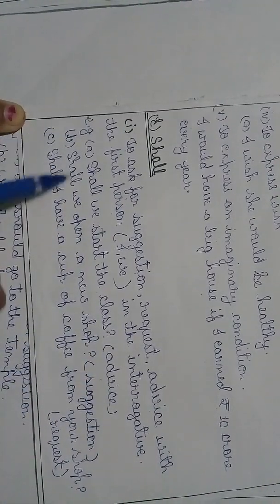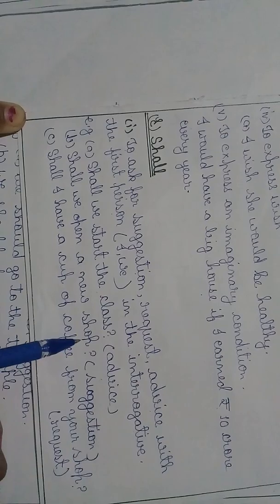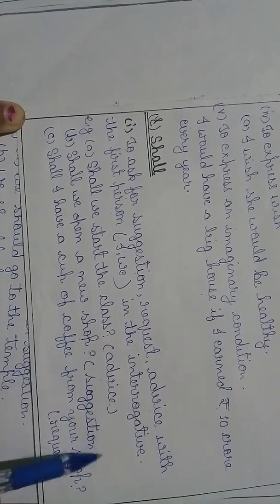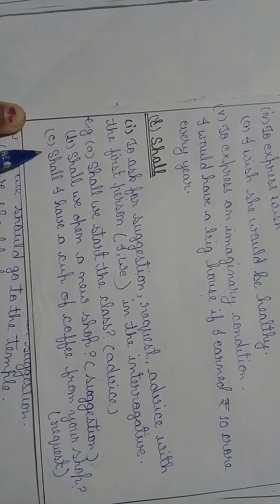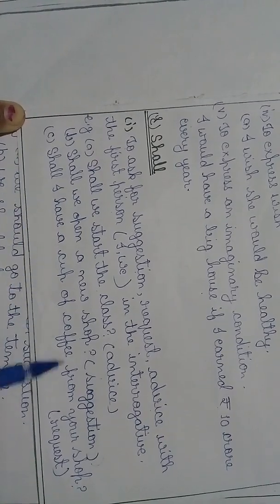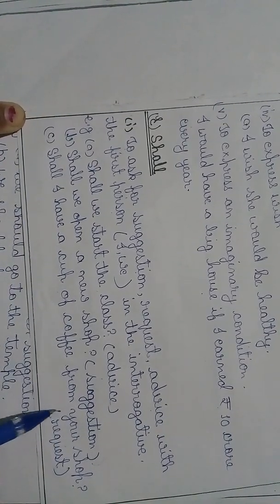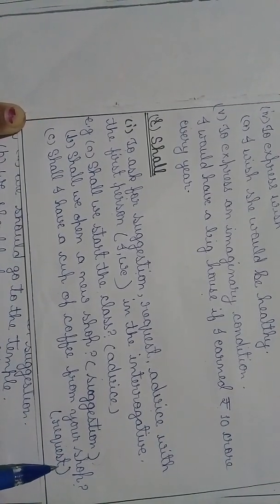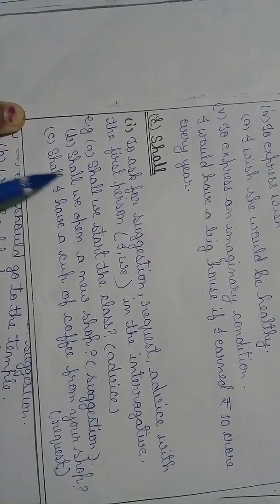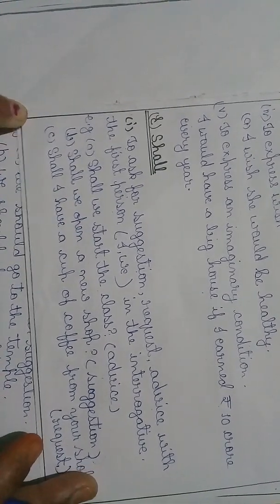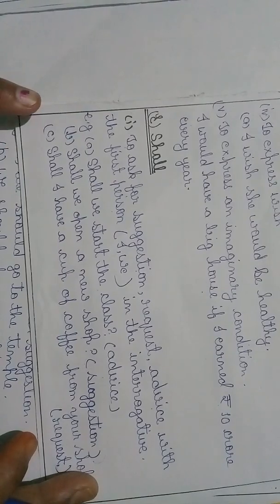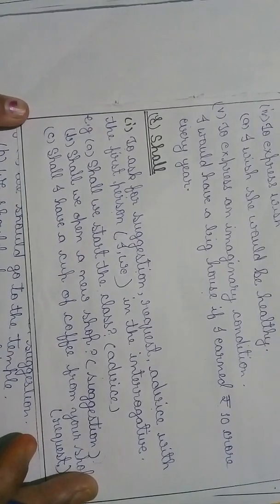Shall we open a new shop? It shows suggestion. Shall I have a cup of coffee from your shop? It shows request. So for advice, request, suggestion with first person, we use shall. Okay.